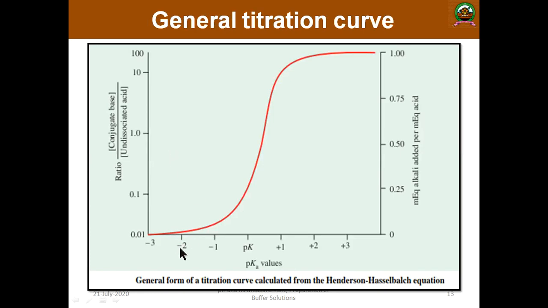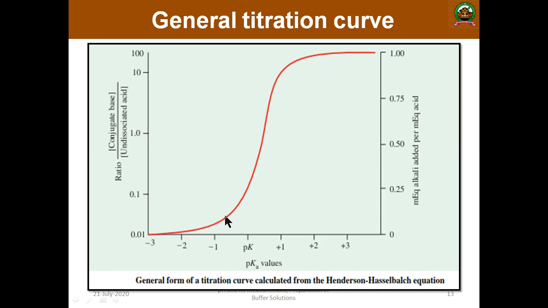Here you can see the general titration curve that is used to calculate the buffer using the Henderson-Hasselbalch equation. Along the x-axis the pKa value is taken, and on the y-axis the ratio of the conjugate base to the conjugate acid is taken. Initially, as the pKa value increases, the ratio of the conjugate base to the conjugate acid increases slowly, with very little increase.